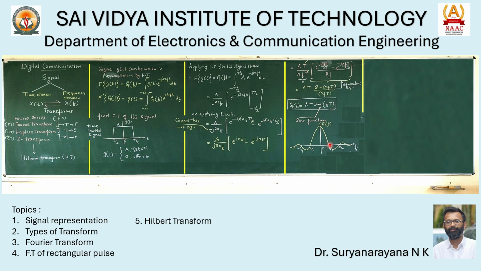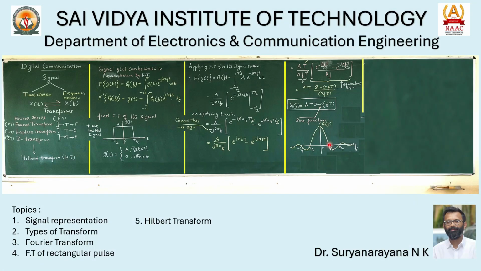Sin pi is 0, therefore the answer is 0 here. Similarly, for f is equal to 2 by T, I am going to get sin 2 pi divided by 2 pi. Sin 2 pi is 0, therefore I am going to get 0 here. In the same way, we can plot the graph in frequency domain like this.